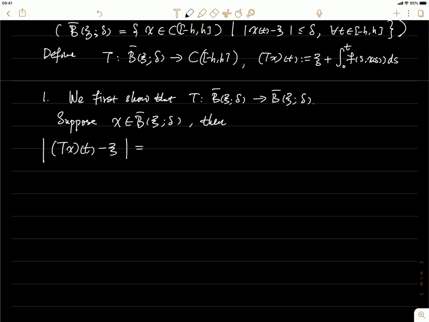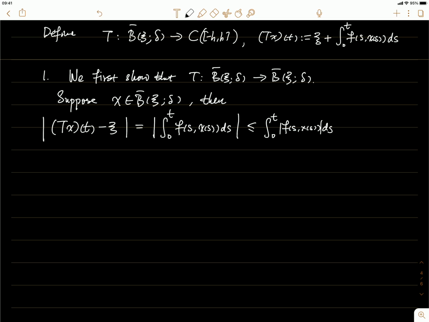So this is equal to, according to our definition for Tx, this. Subtract the c, and that will just become the integral itself, the integral of f(s, x(s)) ds. And apparently this is less than or equal to the integral of the absolute value of f(s, x(s)) ds.